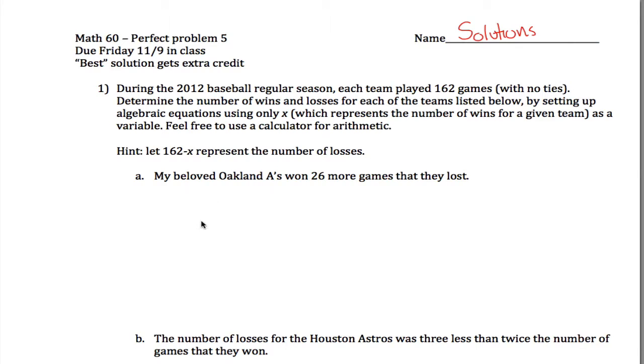Because there's no ties. So in this first one, my beloved Oakland A's won. The amount of games the Oakland A's won is what we're going to call X. And what that is, well, we got 26 more than something, so something plus 26.